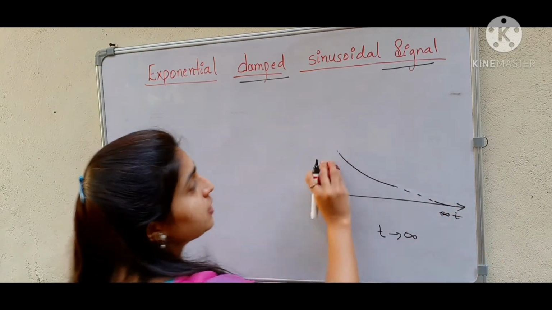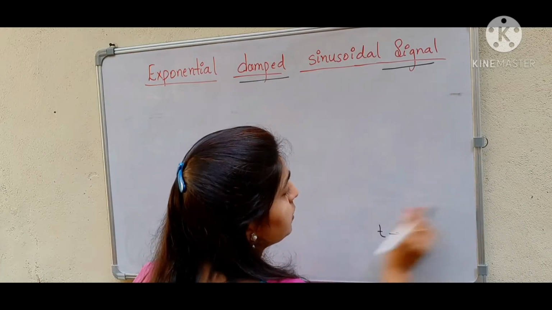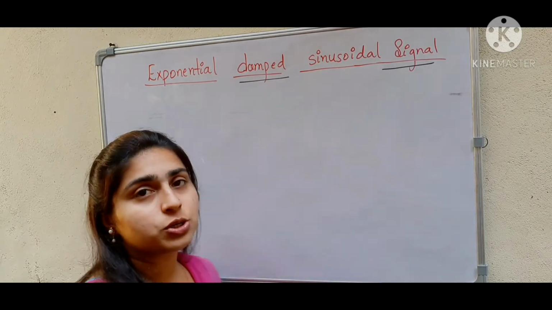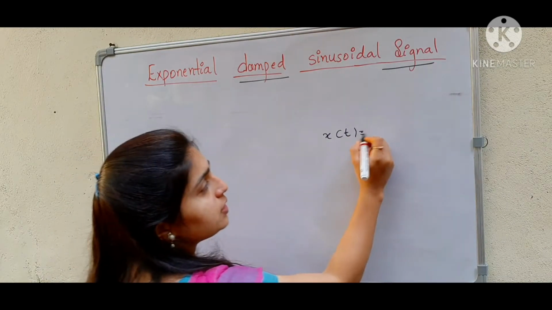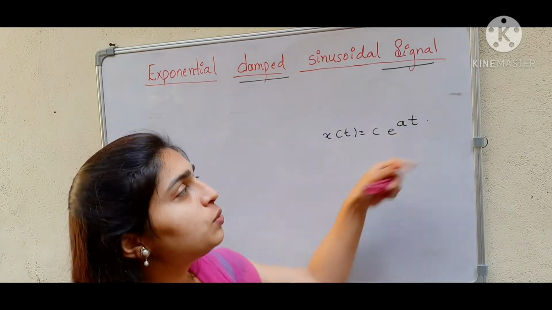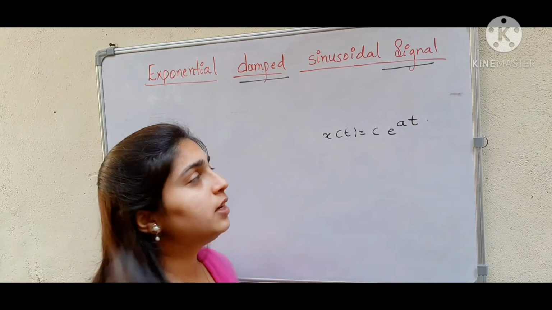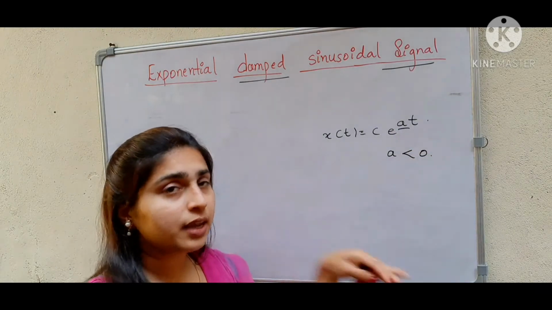It will be zero. In one of my videos, I explained the exponential signal, which was represented as x of t is equal to c e to the power of at. When a is equal to 0, we had a constant signal. When a is less than 0, we had a decaying signal.